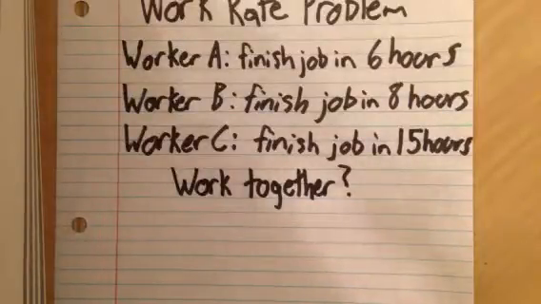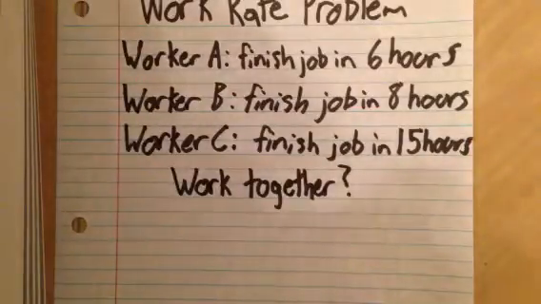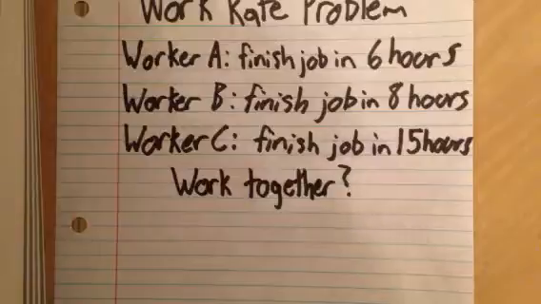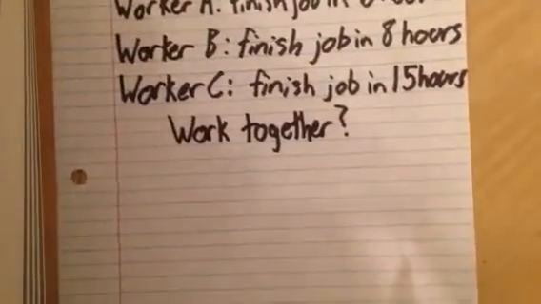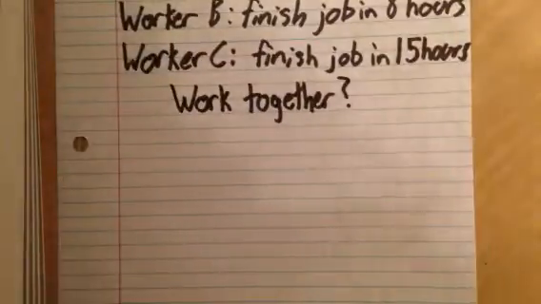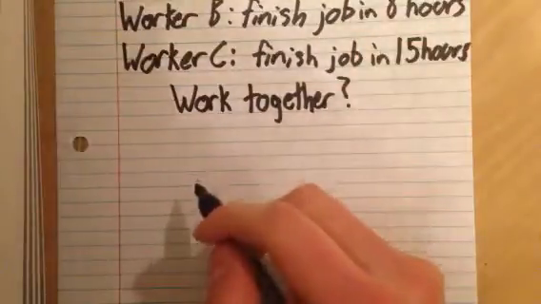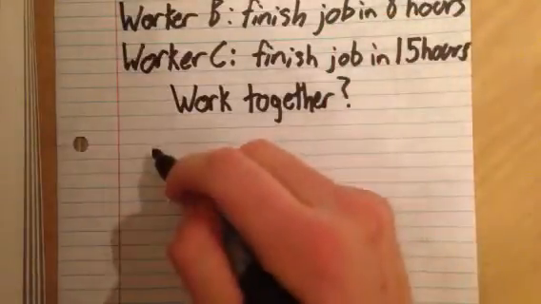So what we can do is turn this into a rate problem again, and that's very consistent across the board with a lot of the problems students have difficulty with. So what we can do is say, okay, worker A takes 6 hours to finish one job.